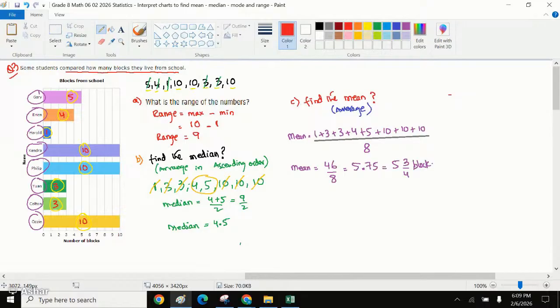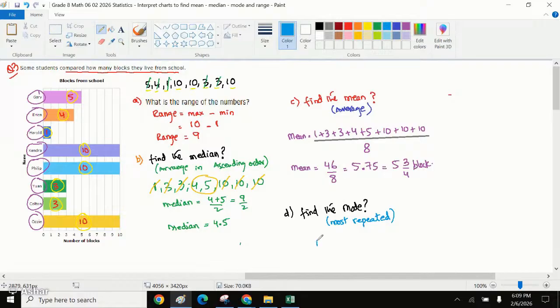The fourth option is part D. We have the range, median, and let's say we are asked to find the mode. So we know that mode always refers to the most repeated. So which distance was most repeated?